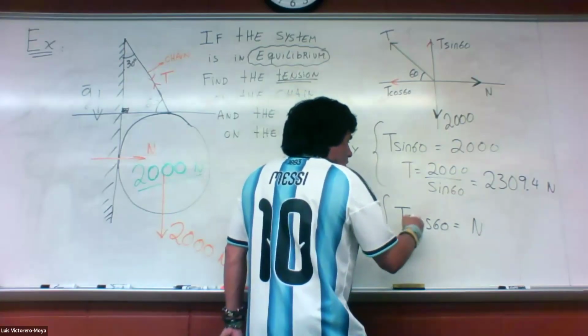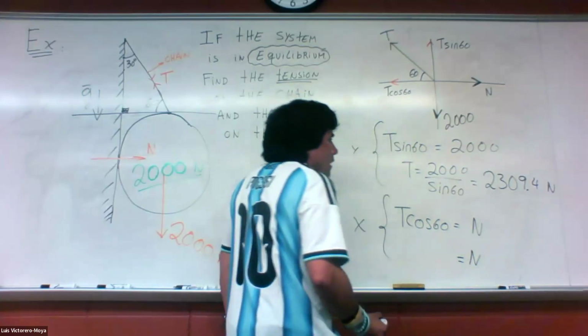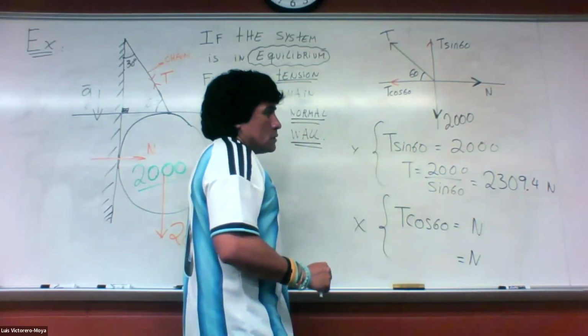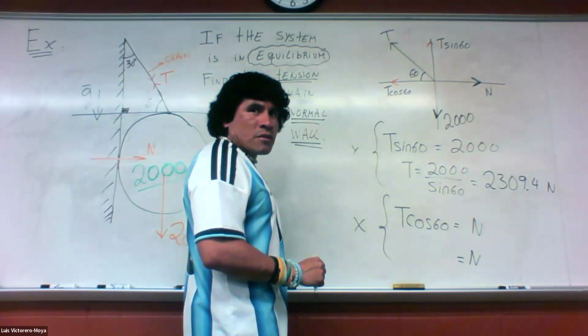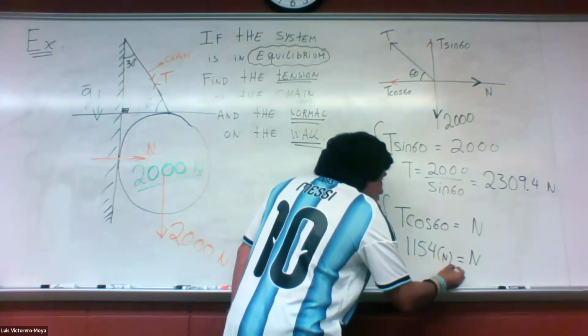Okay. Now this is tension here. So T cosine 60 is N. So how much is N then? That divided by 2. So it's about 1,000, what? 1,154 newtons.